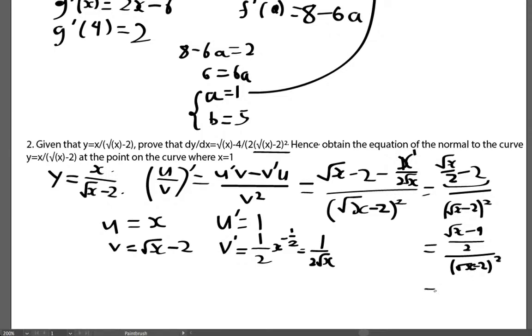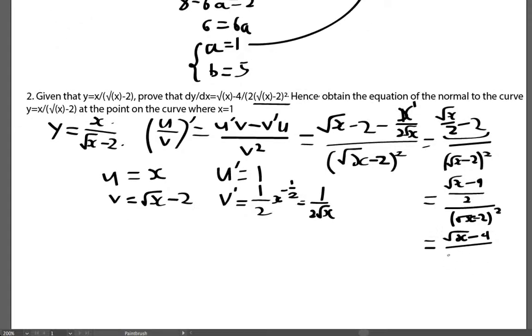And so when you simplify this again, it's the square root of x minus 4, divided by 2 times the square root of x minus 2 squared. That's the answer we wanted to prove. So we have proven that dy over dx here is the square root of x minus 4 over 2 times the square root of x minus 2 squared.